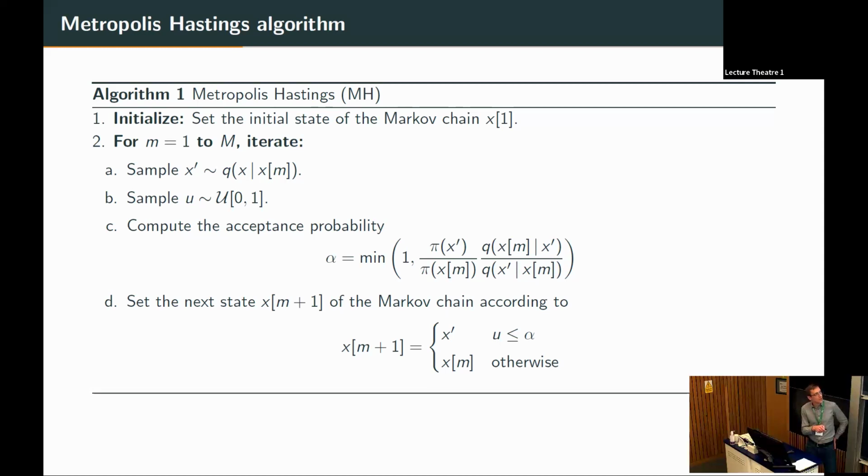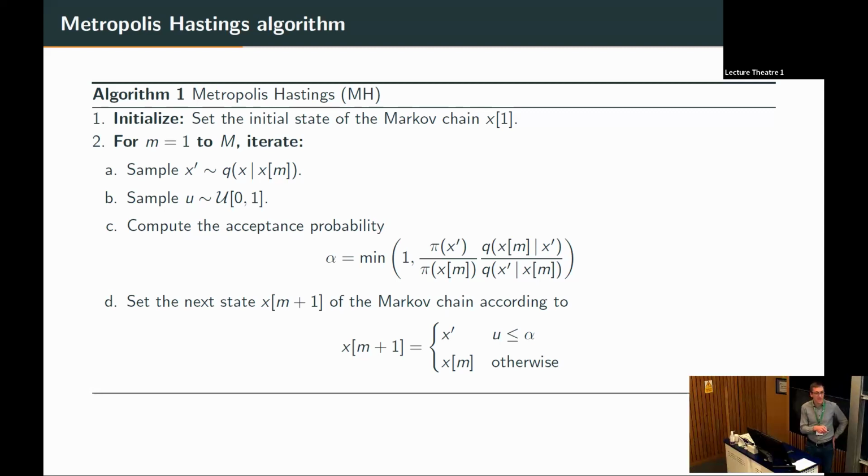And then we have the ratio of the proposals, but in the reverse order, you could say. So the proposal of the current sample divided by the proposal of the proposed sample. And then with this probability alpha, we accept X dash as a new state of the chain and set the next value according to X dash.